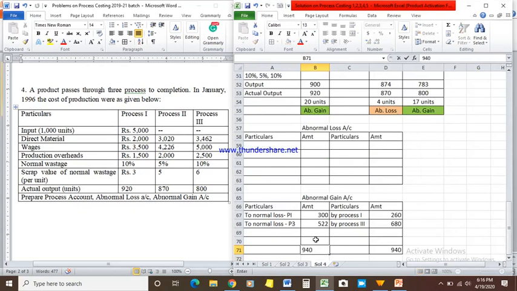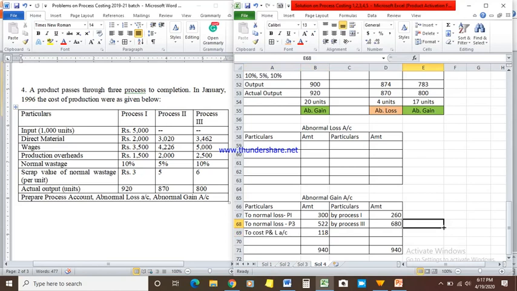So write 940. The difference amount is transferred to costing profit and loss account: 940 minus 300 minus 522. So 118 rupees is transferred to costing P&L account.